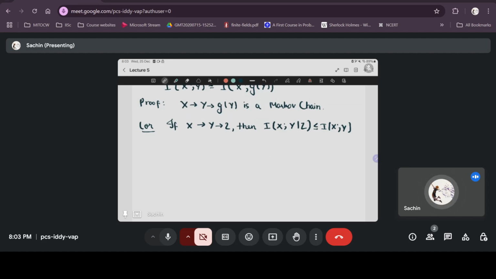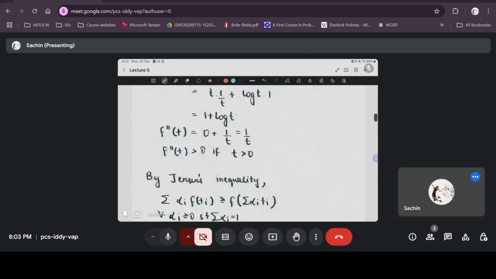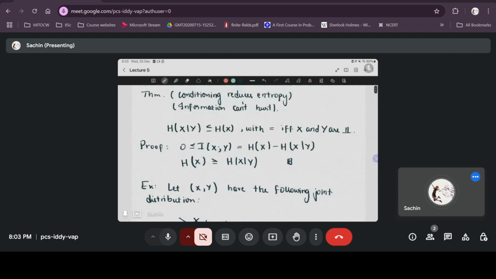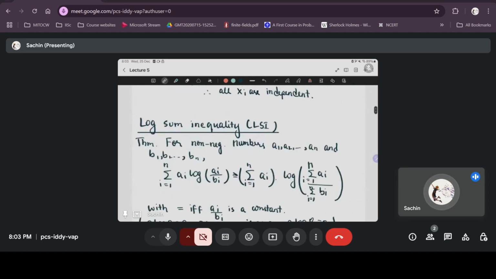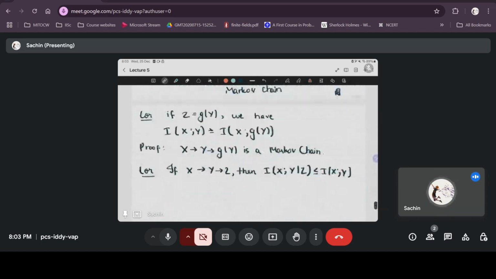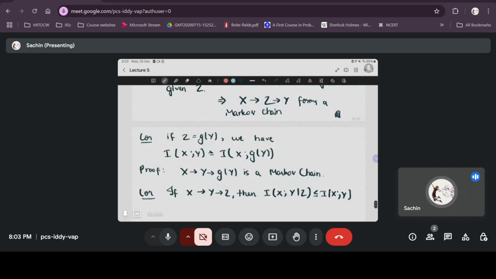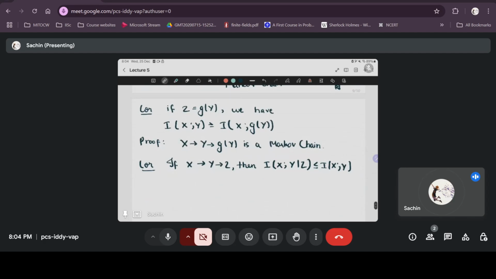That is, conditioning reduces entropy: H of X given Y is less than or equal to H of X. Analogous to that, we have this theorem for mutual information. Conditioning on Z will reduce the mutual information: I of X;Y given Z is less than or equal to I of X;Y. But in this case, it only holds if X, Y, Z form a Markov chain. That is, Z and X are mutually independent given Y.